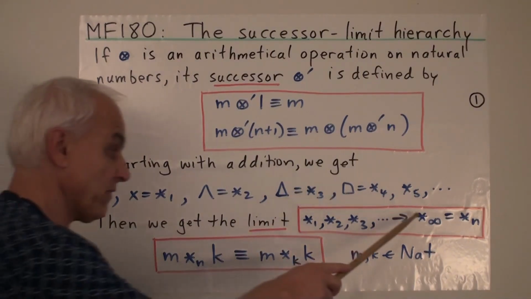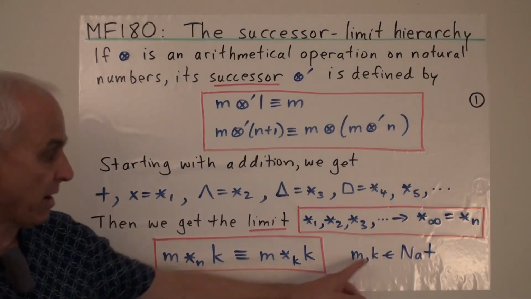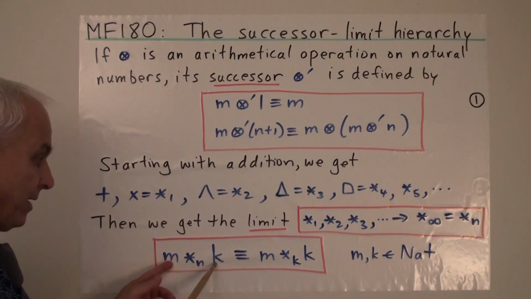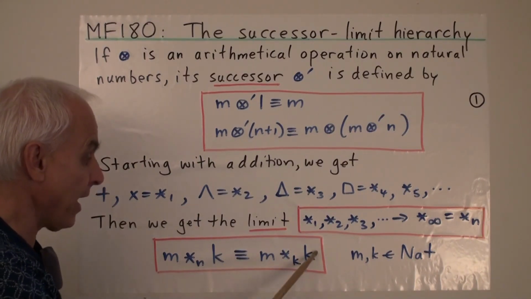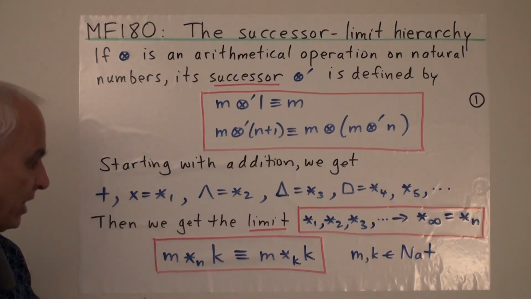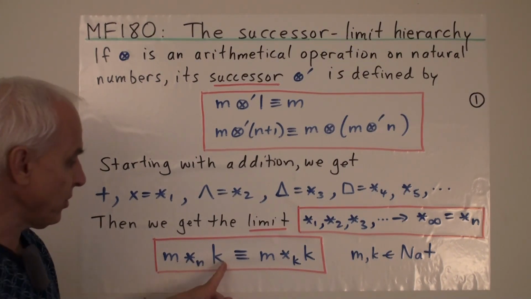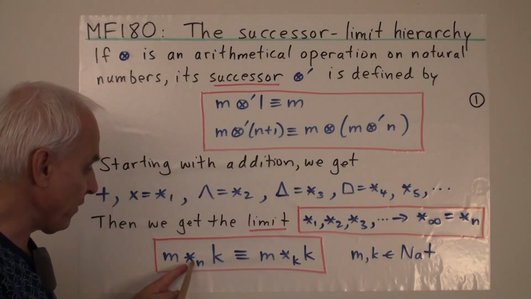Okay, and what is the definition of this thing? Here's the definition. If m and k are natural numbers, then m star n k is m star k k. In other words, we use this second number, the exponent, to determine the index of the star.